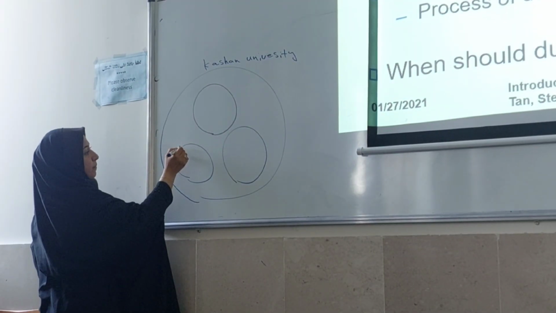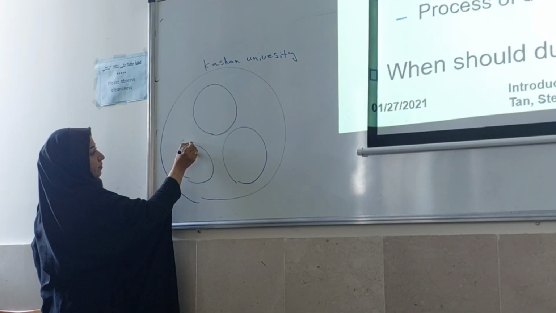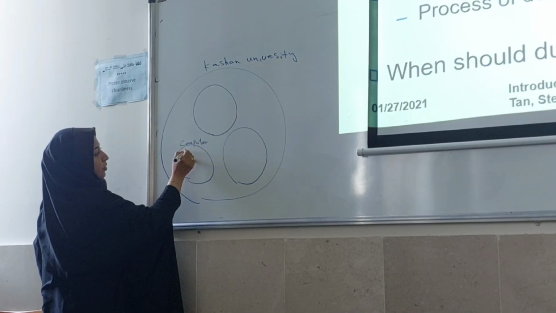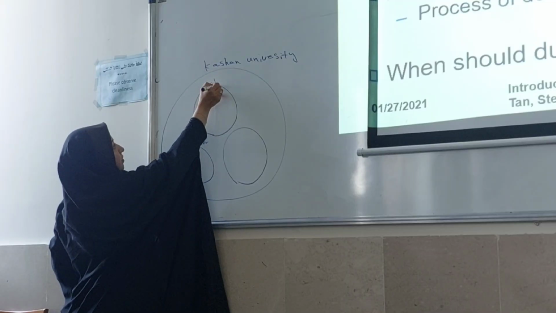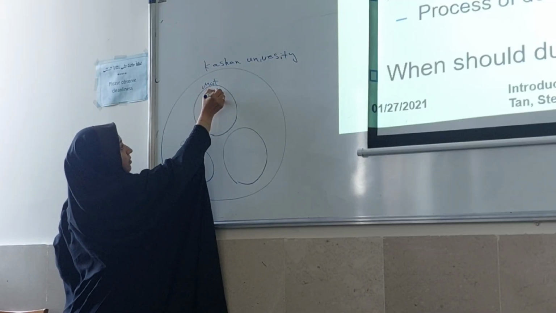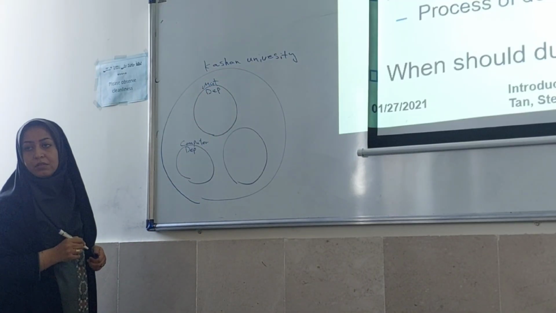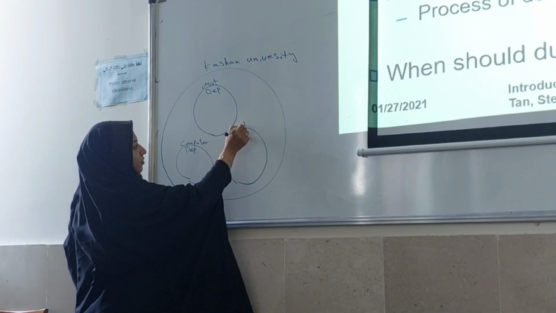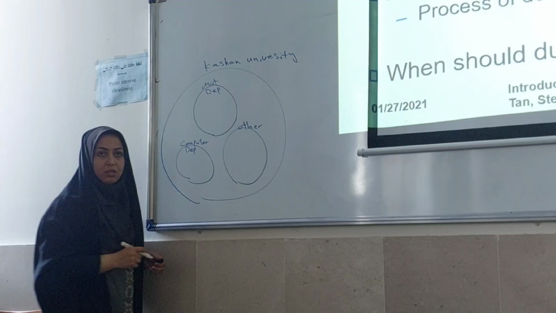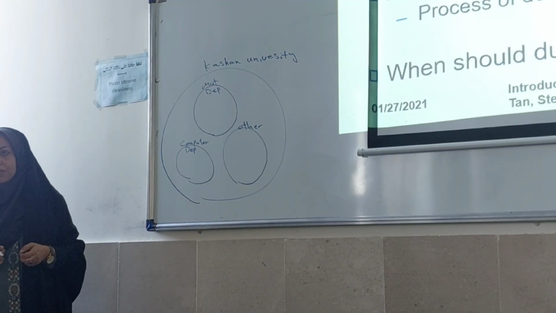One is the computer department, okay? One is the mathematics department, and one is other. Okay, we have three departments in Kashan University.